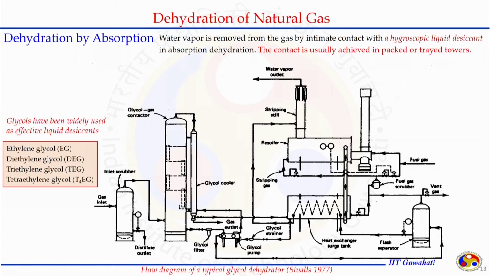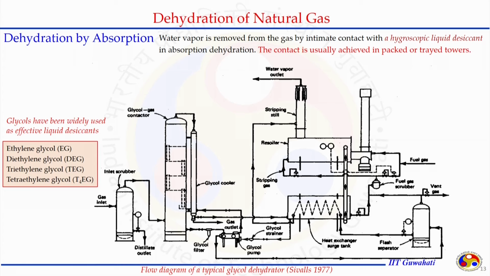When we talk about another process that is widely used, it is the absorption process. So, the water vapor is removed from the gas by intimate contact with a hygroscopic liquid desiccant in an absorption dehydration tower. The contact is usually achieved in a packed or tray column. In the adsorption process, we have the solid packing.